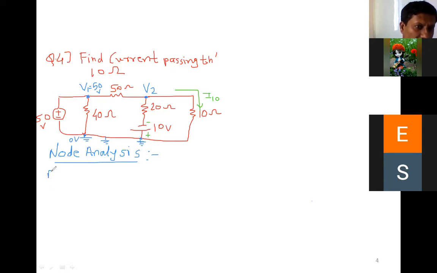So we can write by observation in the circuit diagram or network, the V1 value is equal to 50 volt.